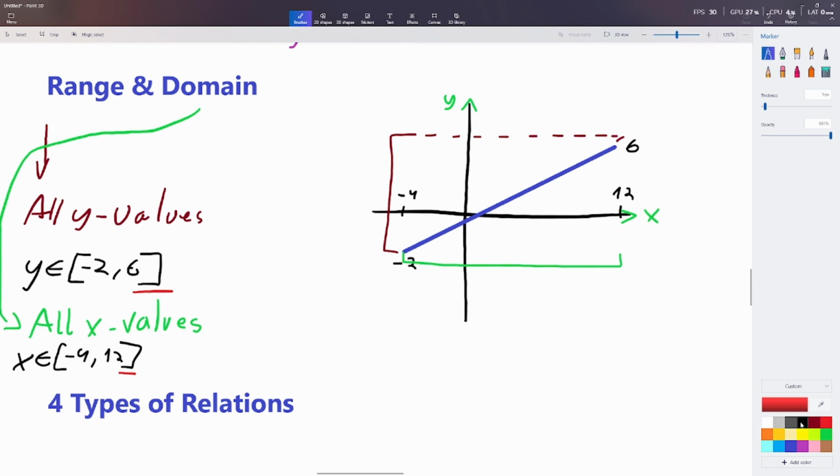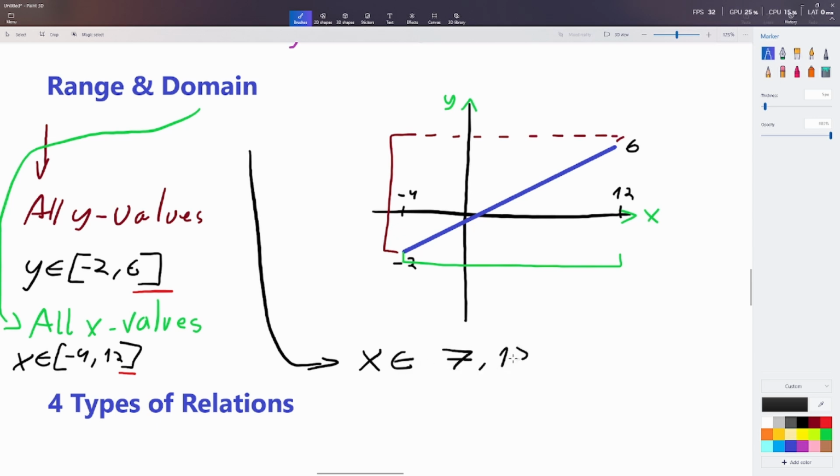And sometimes in test exercises and also in exam questions, the range and domain are limited, and it's said in the question that the domain is 7 to 12.